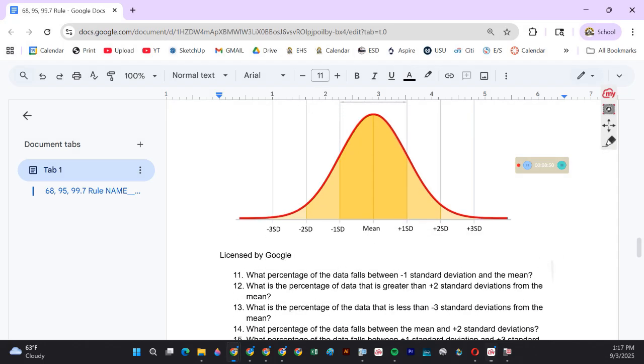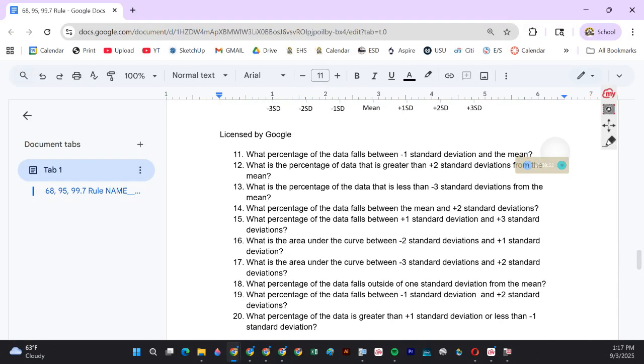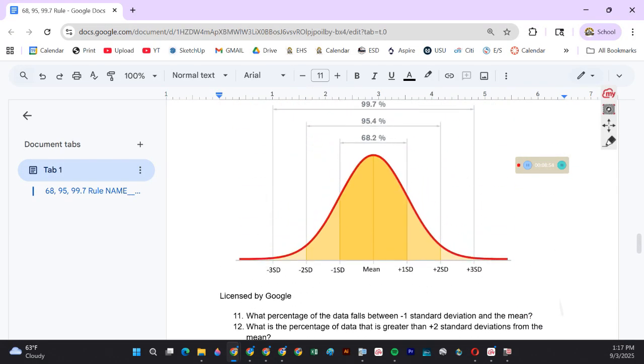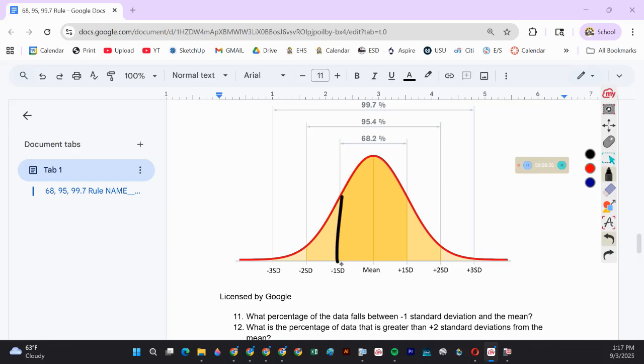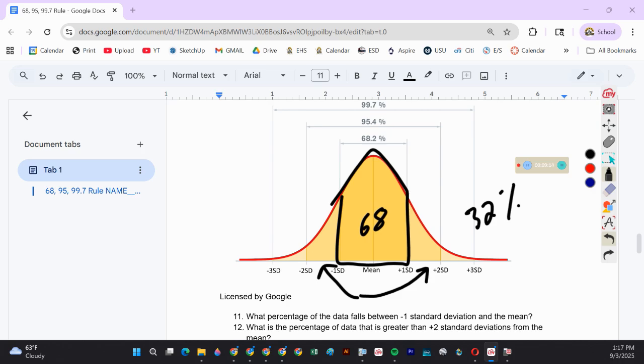Okay. 18. Outside of 1 standard deviation. So everything that's not in there. Well, 68 is in there, so not in there would be 32%. So you have a 32% chance of landing either there or there.